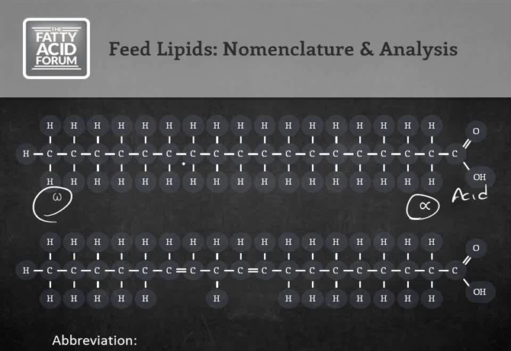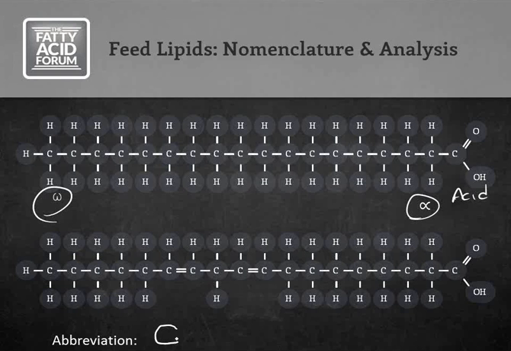The other system starts on the omega end and counts in that direction. We're only going to concern ourselves with the omega system today because it's in wider use and more popular.